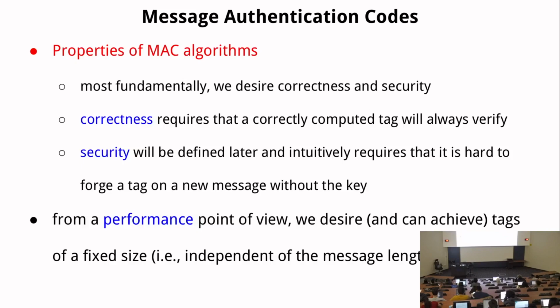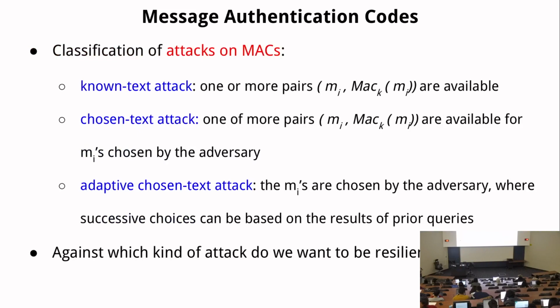If a tag is correctly computed, then it should always verify. Security means it should be difficult to forge a tag on a new message without knowing the key. We want the tag to be fixed length, independent of the message length.